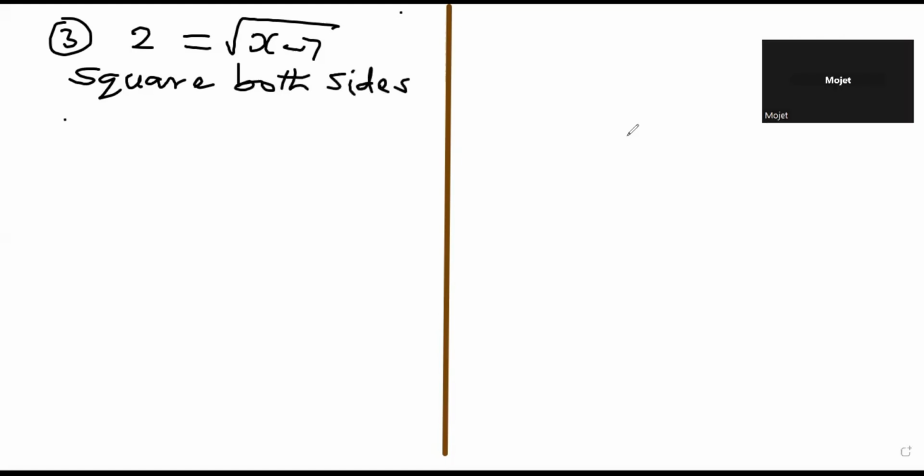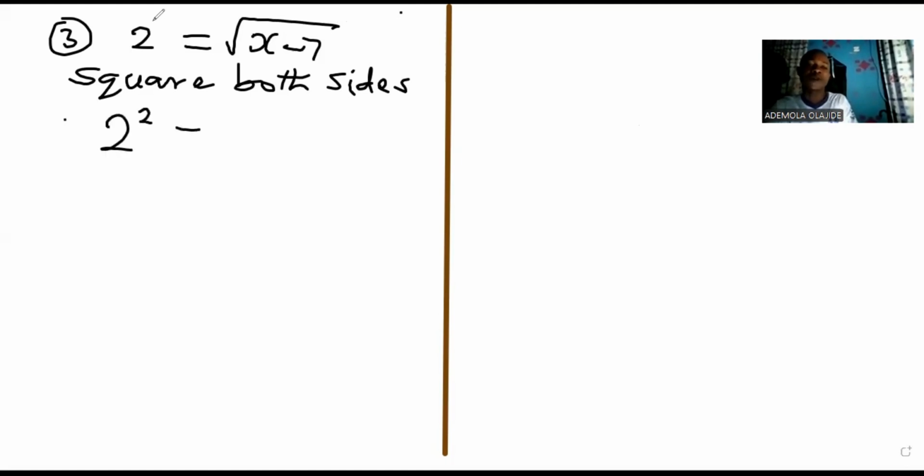What you are implying is that if you square this left side and you square the right side, square and square root will cancel. But rather than doing that, just imagine you have moved this square root to the left and it has become square there. So you now have 2 squared equals to x minus 7.